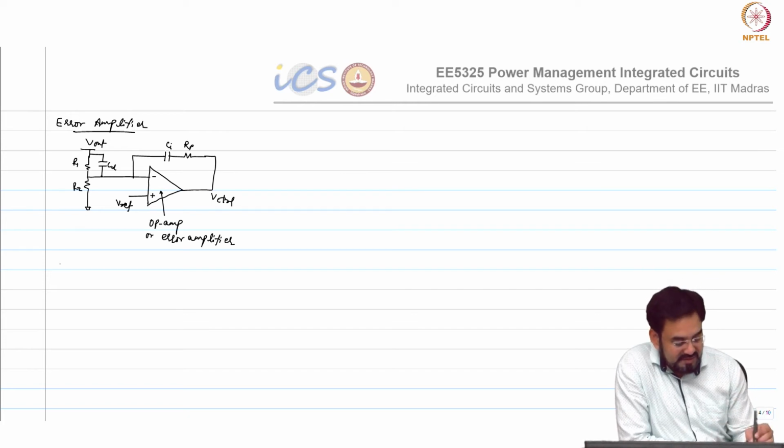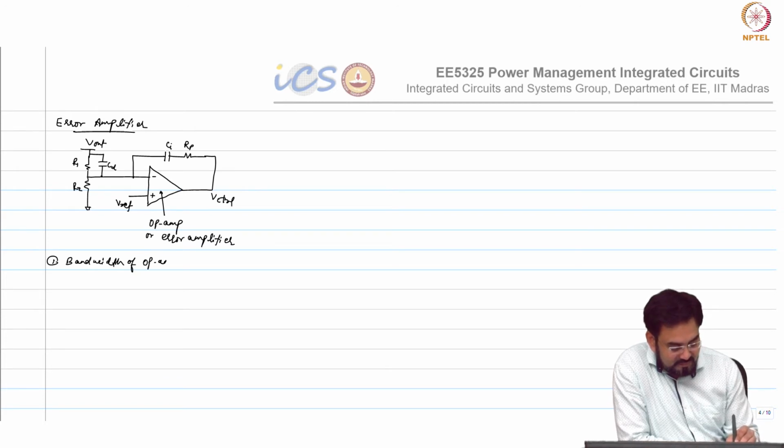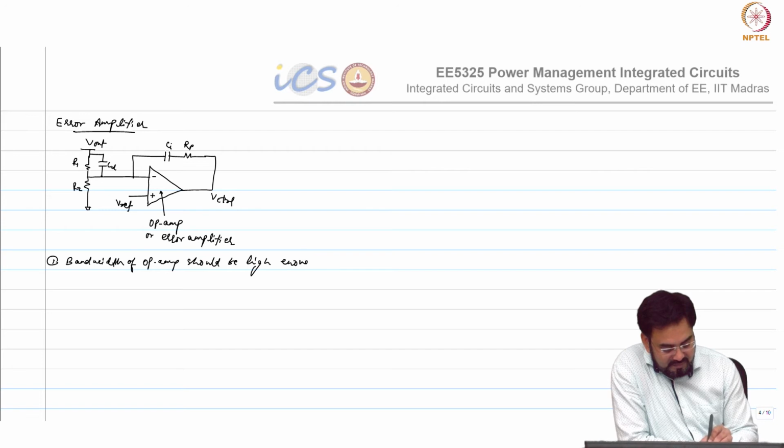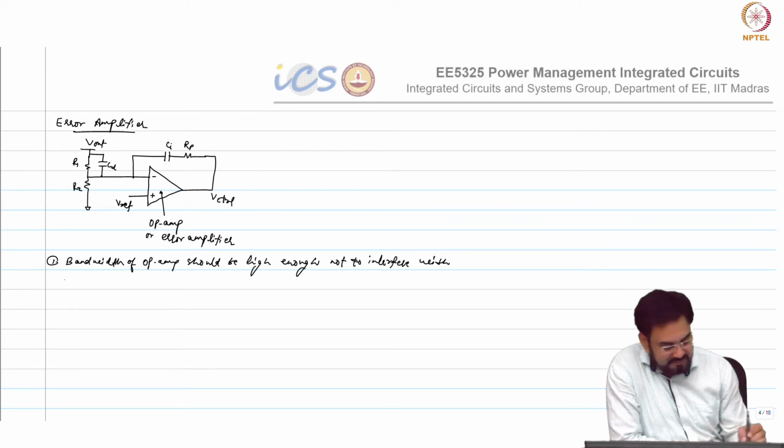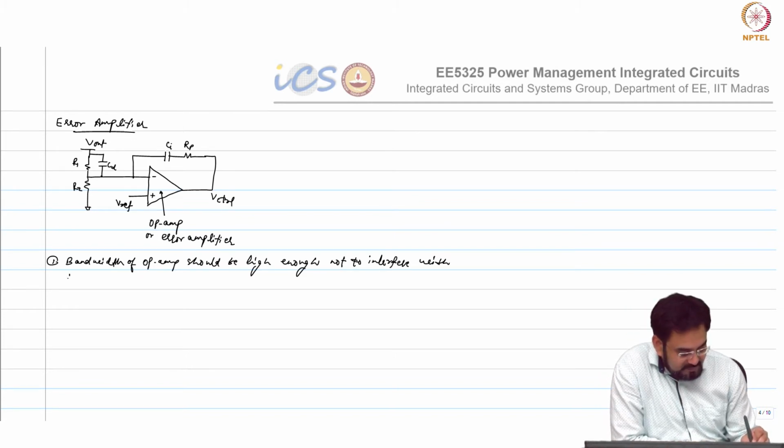So one thing you need to consider actually, the bandwidth of the op amp should be high enough not to interfere with the loop gain transfer function.